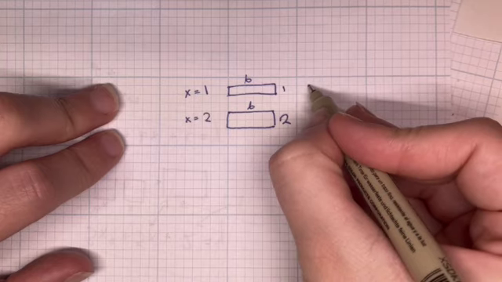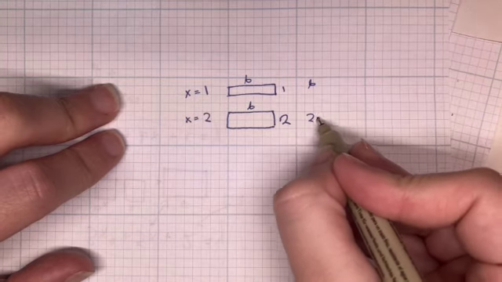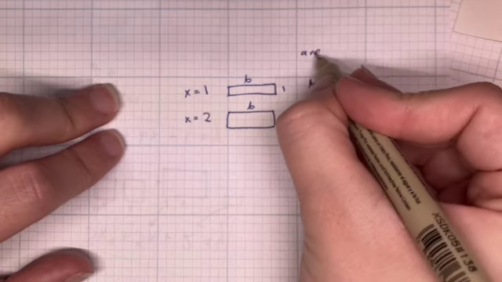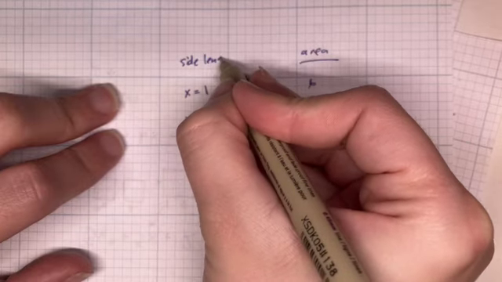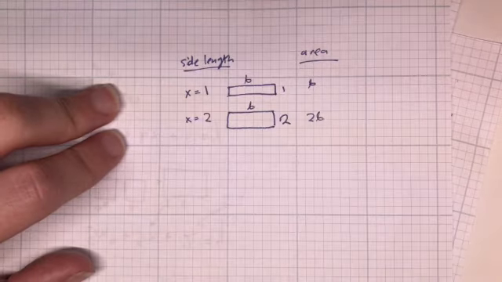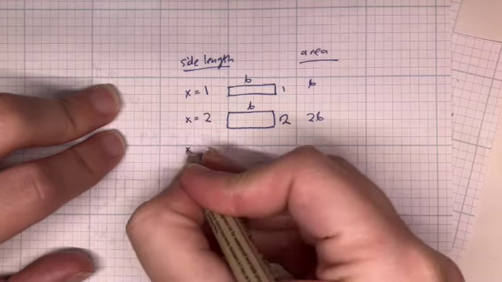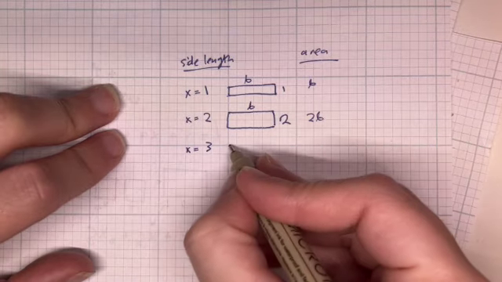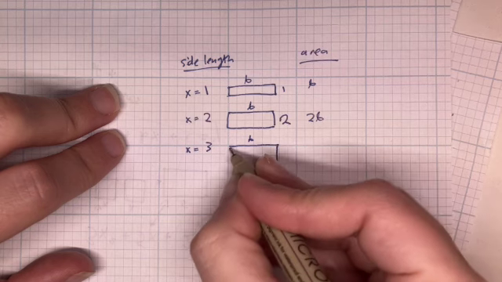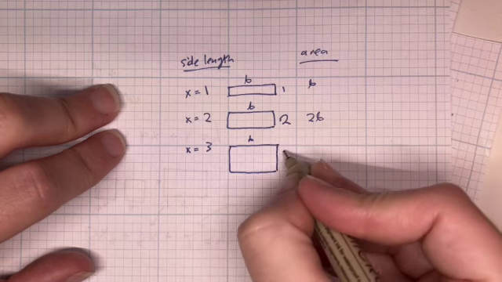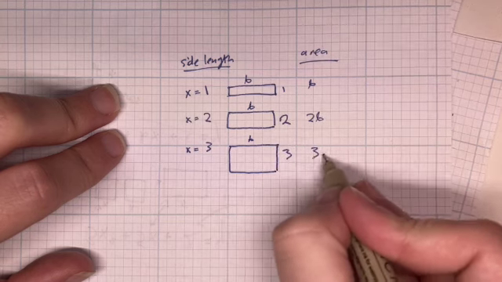So the area of this is b, the area of this is 2b. Put area, side length. When x equals 3, well, then we're going to have b by 3. So the area there is 3b.